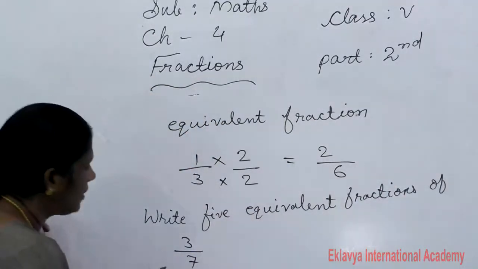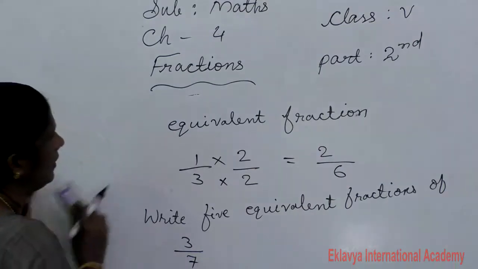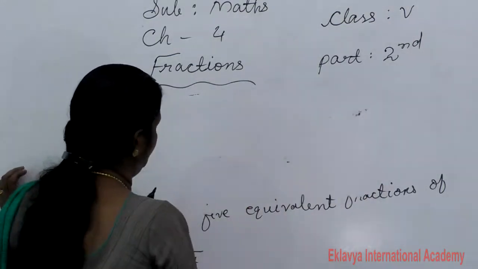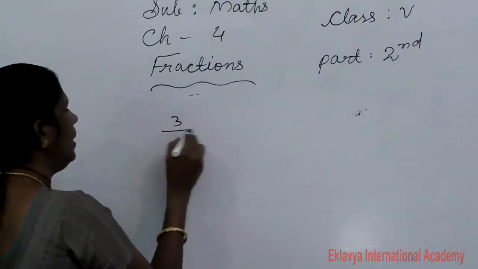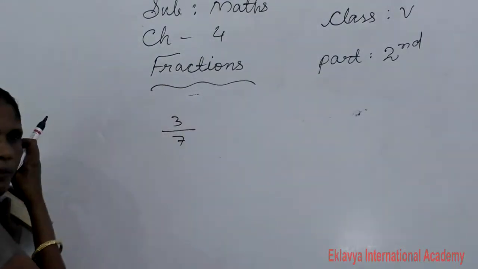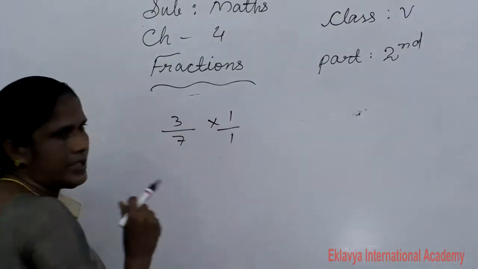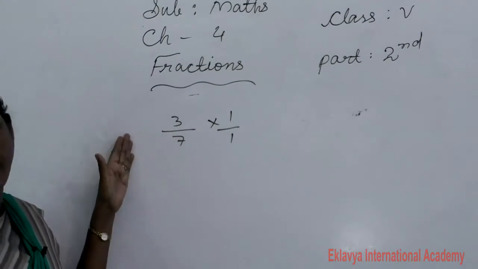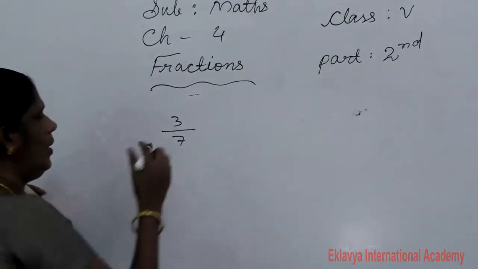First, 3 by 7. We multiply by 1 by 1. This is also in our fraction. Then you start with 2.